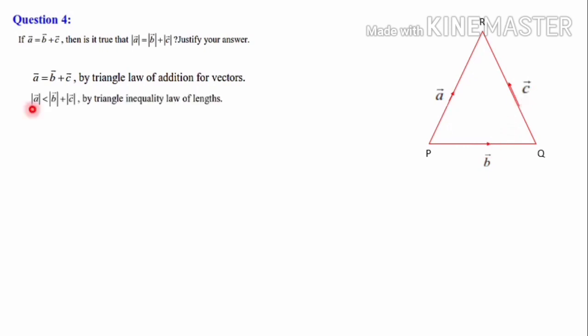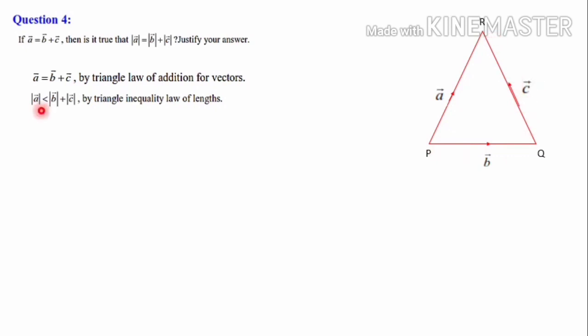Here we have already learned in the smaller classes that the sum of the two sides of a triangle is always greater than the third side. Means in reverse order, if you consider the length of one side of a triangle, that will be always less than the sum of the other two sides' lengths. That means here modulus of A is the length of PR, modulus of B is the length of PQ, and modulus of C is the length of QR.